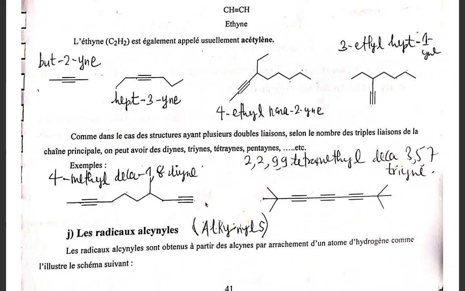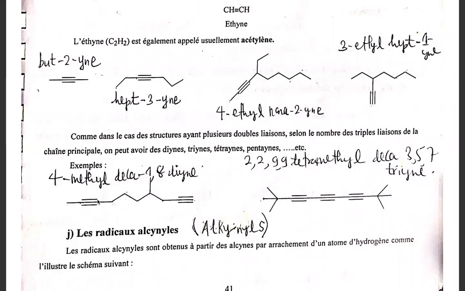So in our case, we have this chain, which is the chain principal and contains the maximum number of double or triple liaisons. The triple liaison will always take priority, so we start numbering from this side: 1, 2, 3, 4, 5, 6, 7, 8.